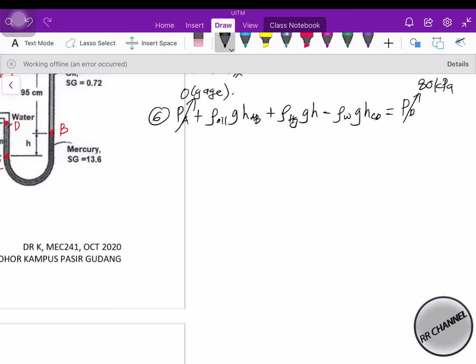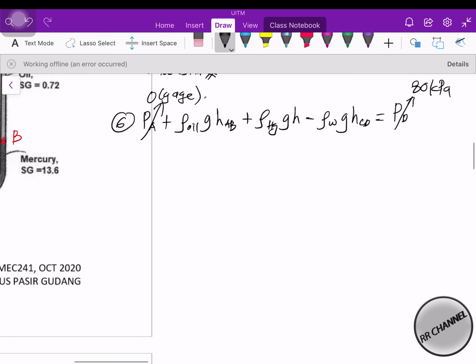Okay, so we want to get the h value, so let's rearrange this equation.